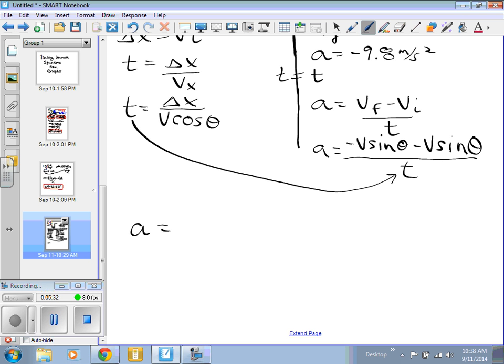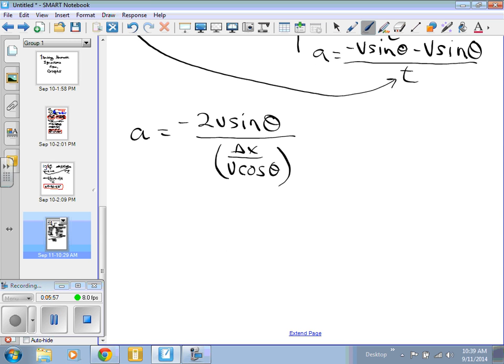So we have acceleration is equal to negative v sine theta minus v sine theta. Actually, let's just put that together right now to make things a little easier. So we'll have negative 2v sine theta. Then we divide by delta x over v cosine theta, which is our value for t. So we can multiply by the reciprocal there and get negative 2v sine theta times v cosine theta divided by delta x.